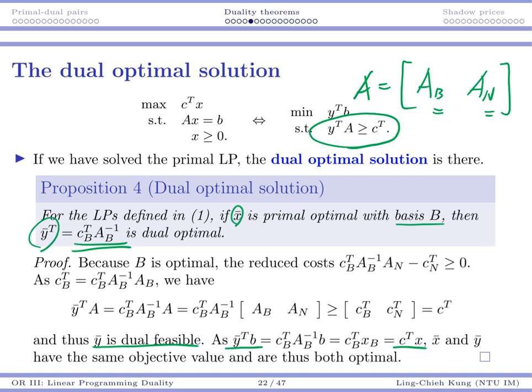In that case, their objective values are the same, and thus they are both optimal, according to the previous result. So this can prove that y bar is optimal. Here, more precisely, we should say this is x bar and this is x bar, okay? So this pair of x bar and y bar have the same objective value. That shows they are both optimal and completes this proof.